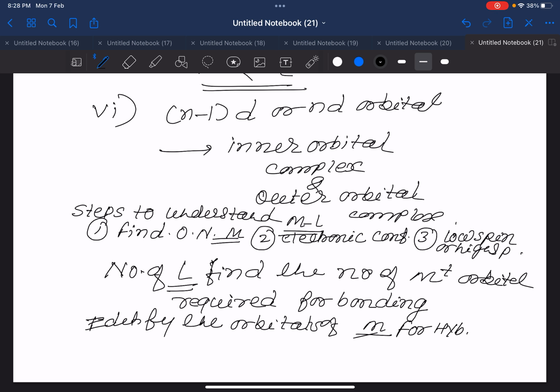So type of hybridization involved can be identified.